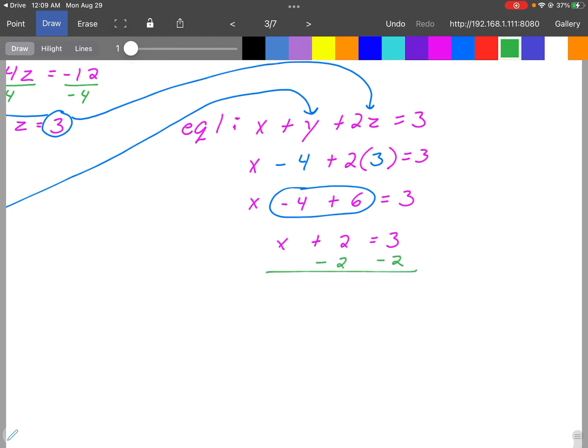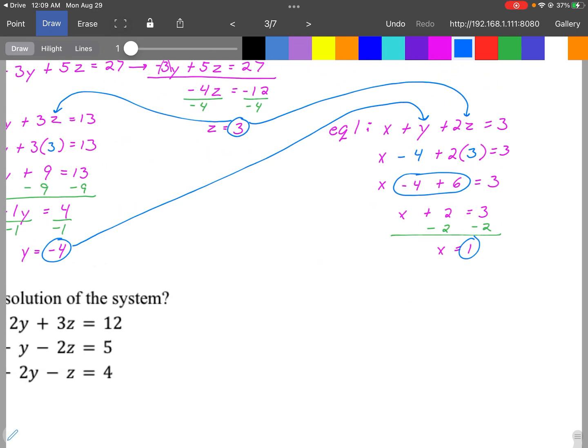Then subtract my 2 from both sides, and x equals 1. So now I have all three variables, which means I can write my solution and check my answer. So my solution, remember, is going to be x, then y, then z. So x we found was 1, y is -4, and z is 3.